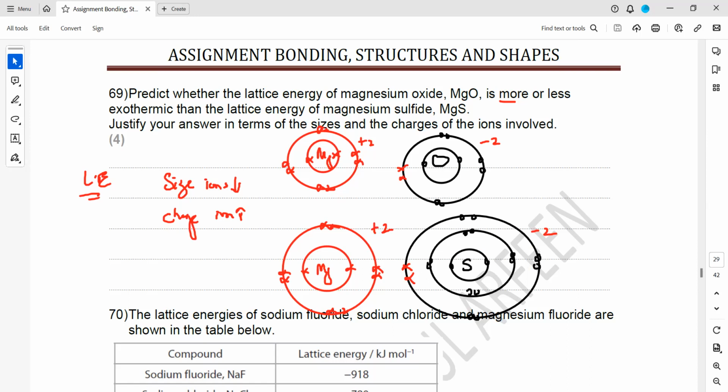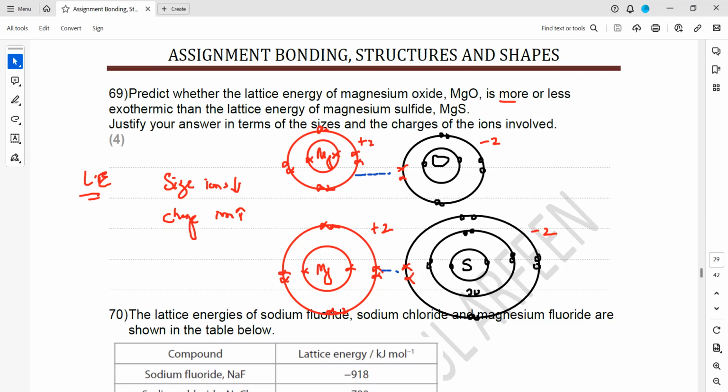So the charge on the ion is same, but the size is different. So charge will not affect. So we expect that magnesium oxide will have a higher lattice energy or more exothermic as compared to magnesium sulfide.